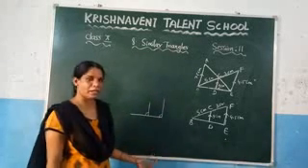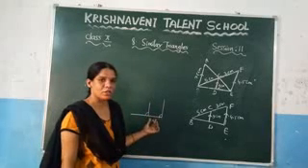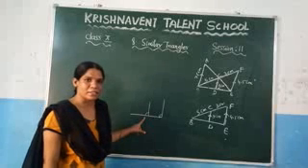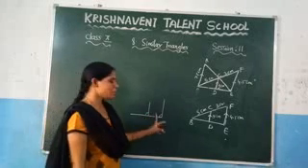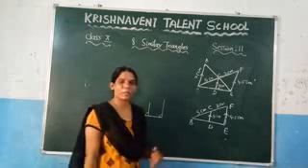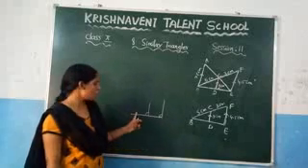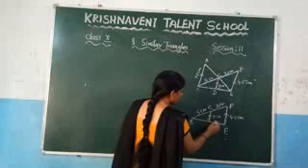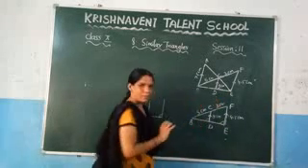What are the corresponding angles? The angles lying on the same side of the transversal, one interior and the other exterior. And you know that by the corresponding angles axiom, these two angles are equal. So clearly this angle is equal to this angle, right?